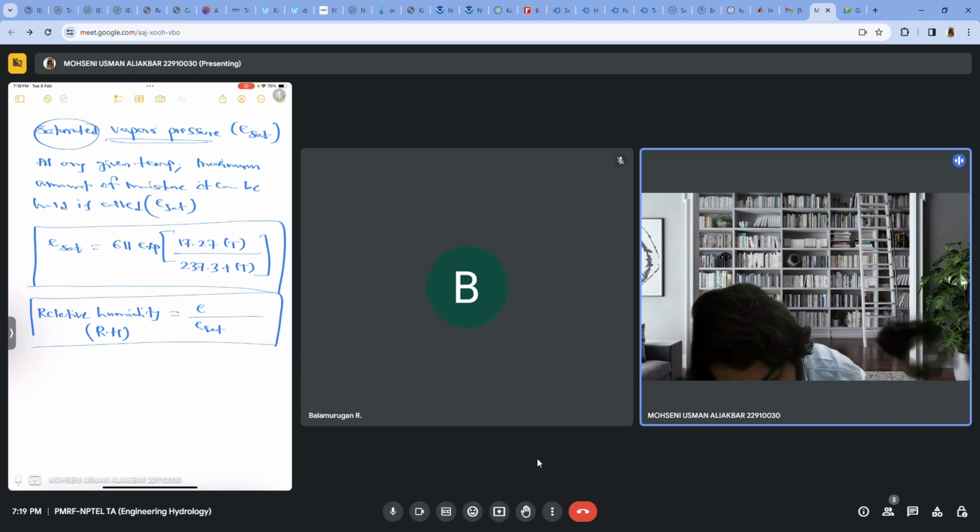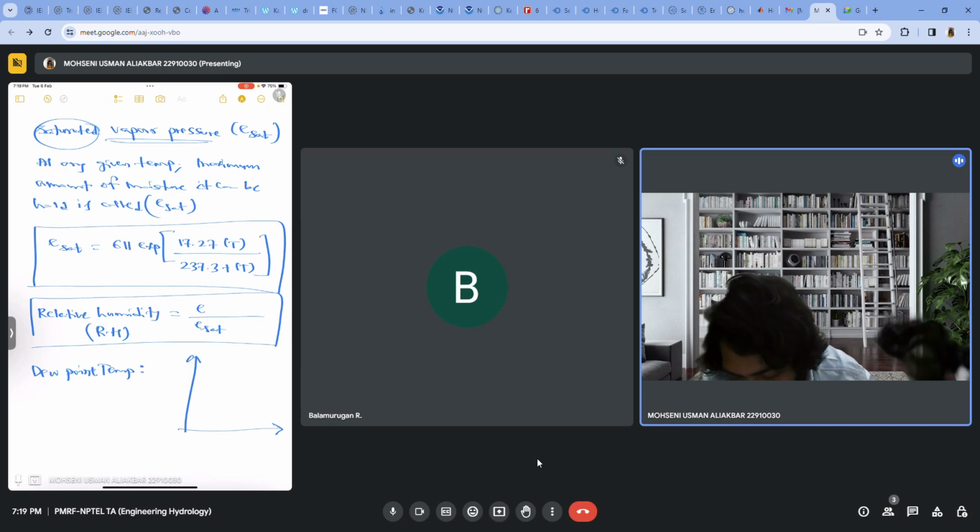Now the next term is dew point temperature. For this we can use a graph as well. Here along the x-axis we'll have temperature, and along the y-axis we'll have saturated vapor pressure. So what does dew point temperature give us?